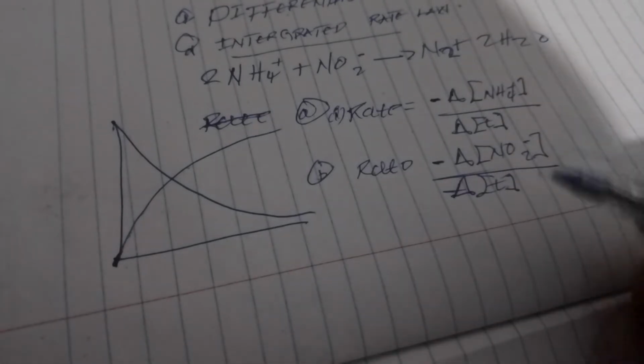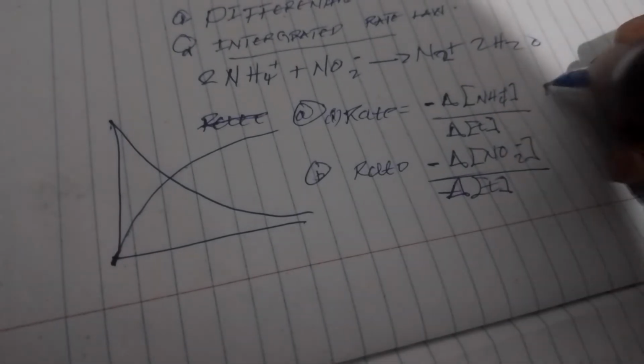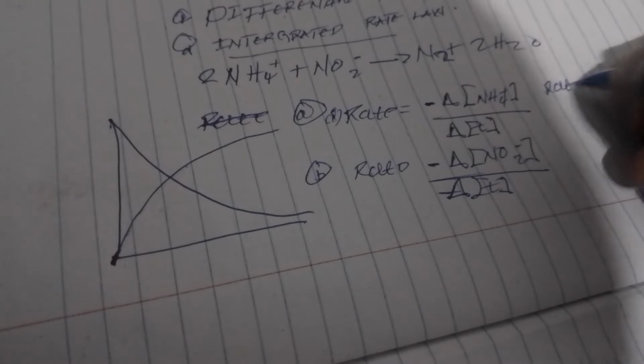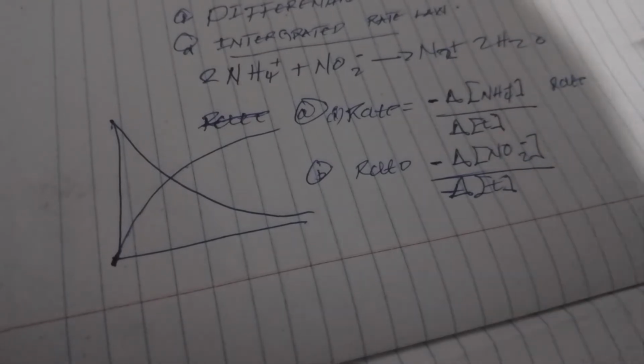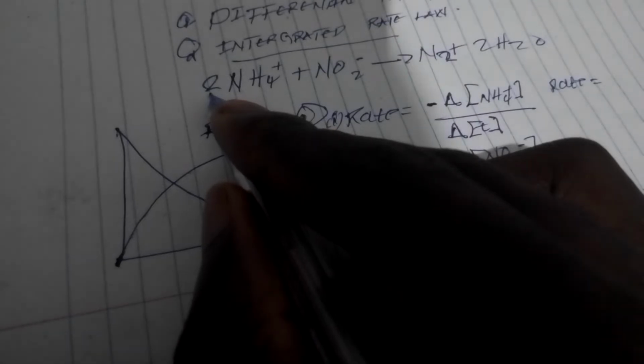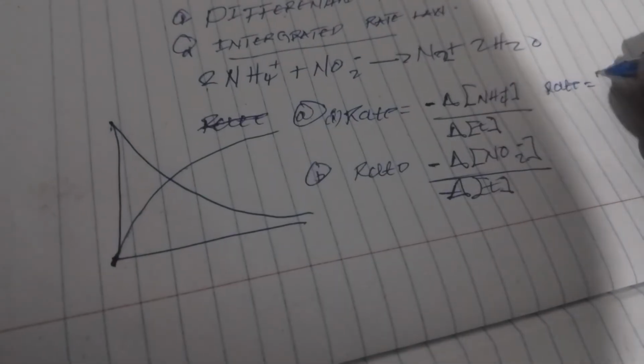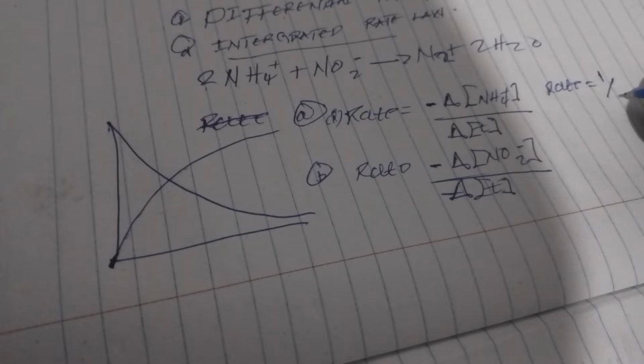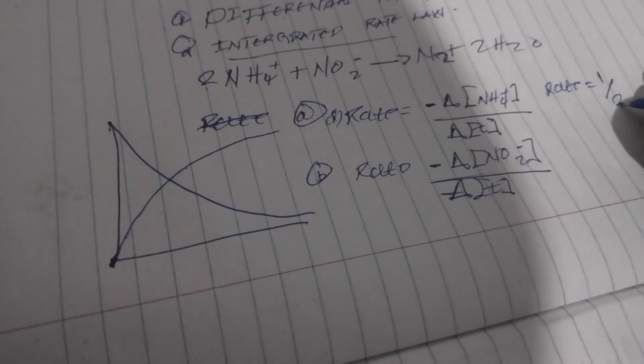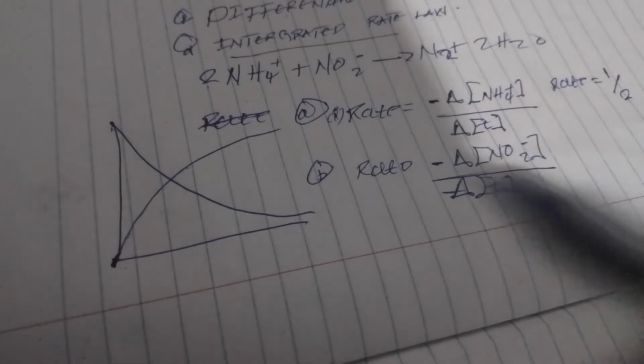If it is balanced, that affects the rate law, whereby the rate is equal to the mole ratio in front of ammonium, which affects everything. Hence, we use 1 divided by 2, as the mole ratio has been used to balance.